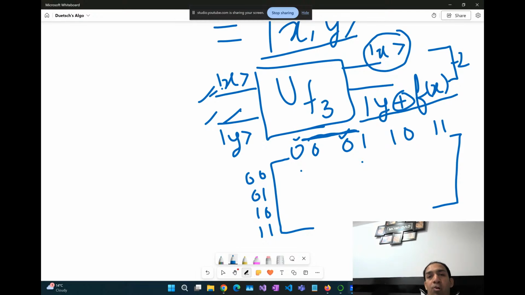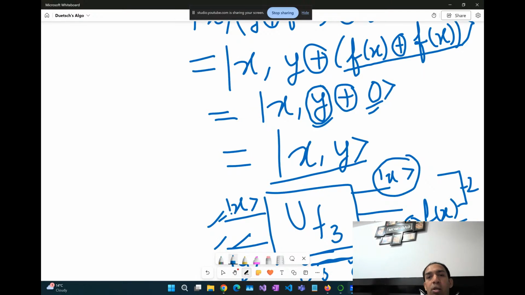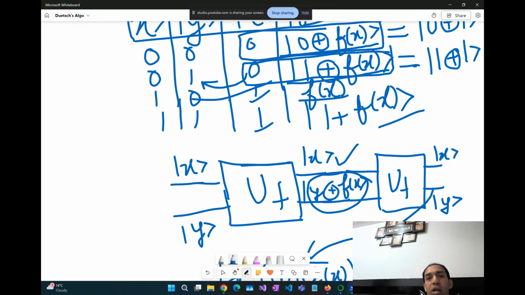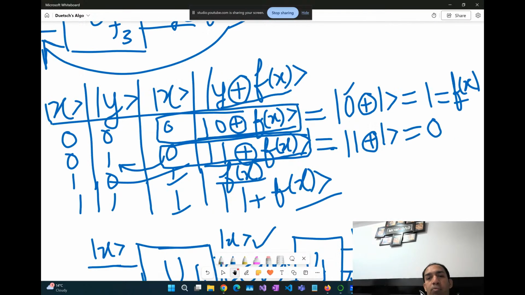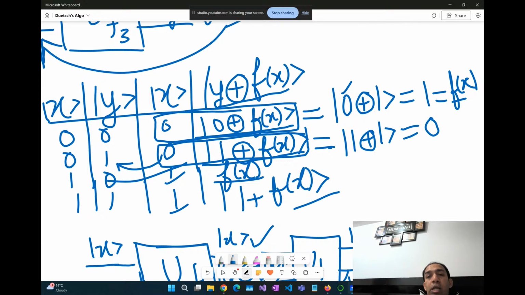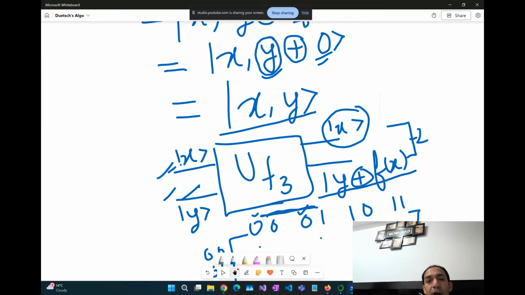If you notice in the truth table, if I go up, we have done that. In this case, the value was coming as 1, which is the output. The second qubit was coming as 1, and the input qubit was 0. So 0, 1 is the output in this case. Sorry, I'm going back to the circuit.